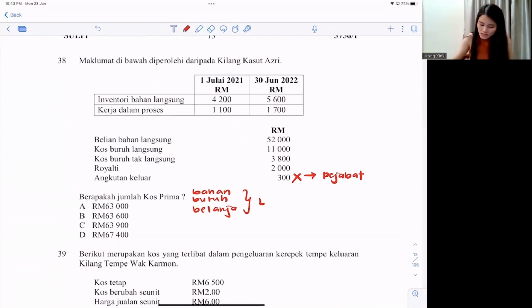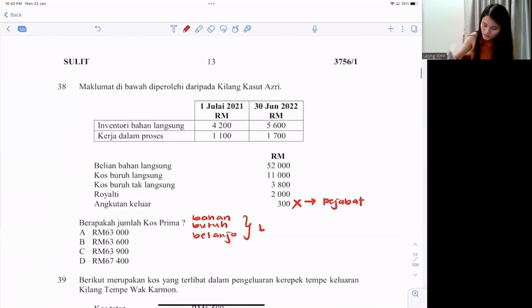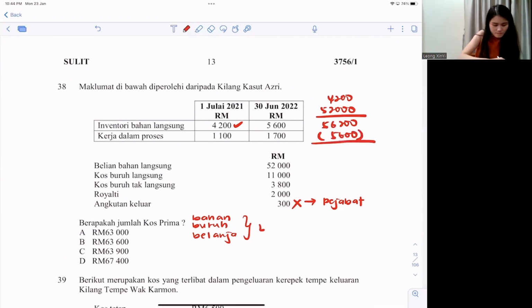So we're gonna calculate a bit of this. You're gonna take inventory awal, plus with pembelian, minus at first, minus inventory akhir. 50,600.